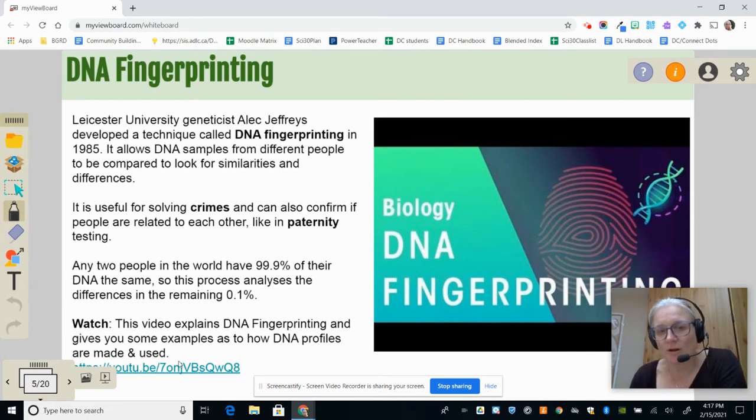Any two people in the world will have about 99.9% the same DNA, but that difference between people is what fingerprinting looks at. It takes the pieces of DNA that are different between people and compares those different parts. There's a great video here that you can watch that goes into more on DNA fingerprinting.